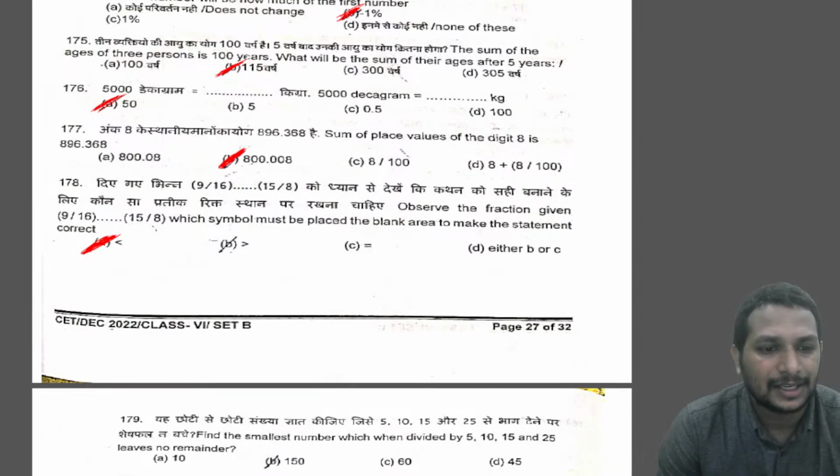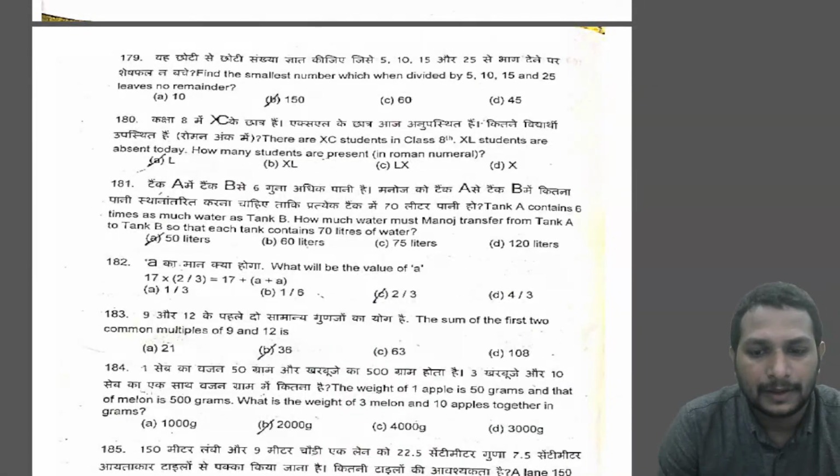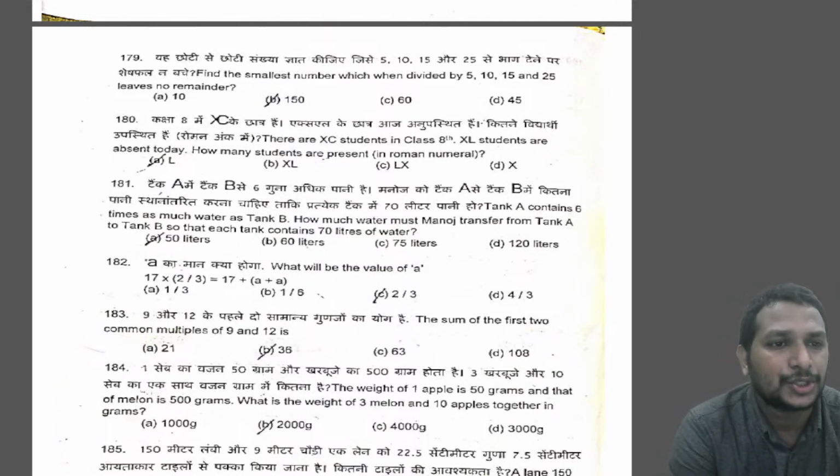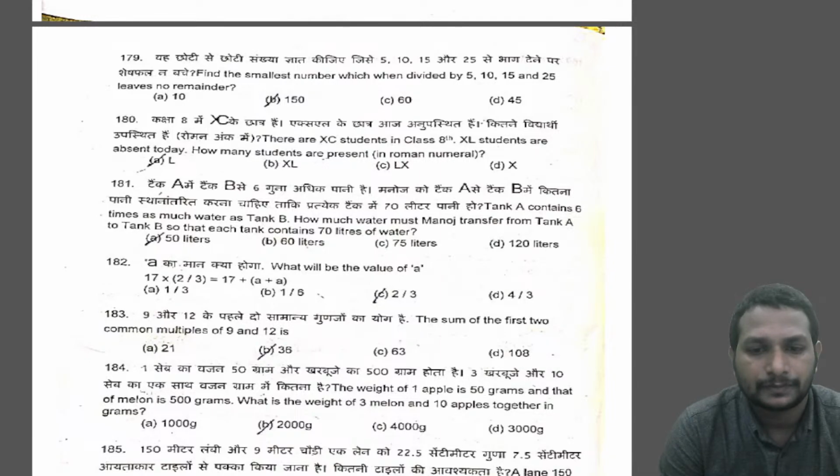Okay. Next, coming to question number 179. Find the smallest number divisible by 5, 10, 15, 20. That's nothing but finding the LCM, right? The smallest number has to be divisible by these numbers.